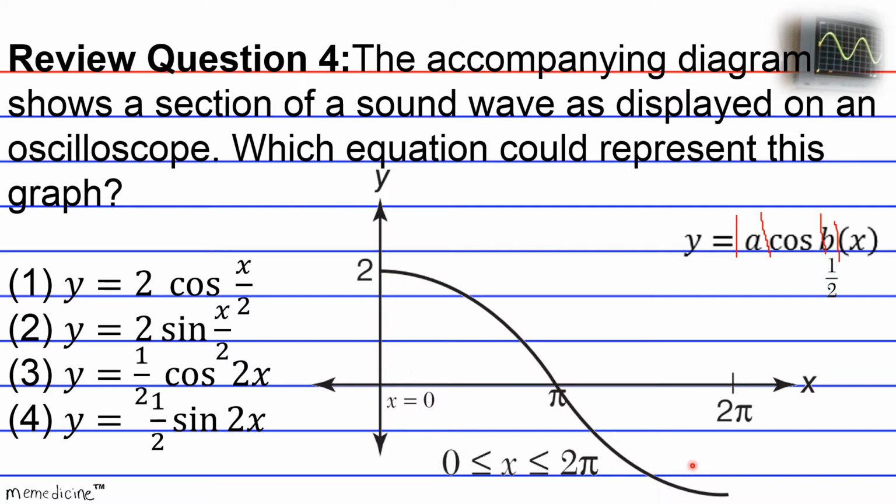So b is 1/2, and we said earlier that the absolute value of a is going to be 2. Therefore, our equation is y equals 2 times the cosine of 1/2 x, where b represents the frequency. That's the coefficient associated with the x.